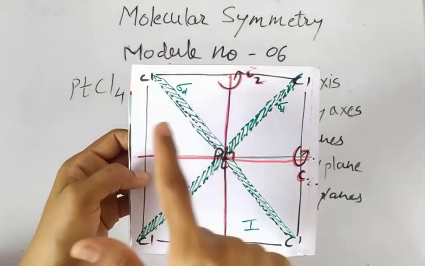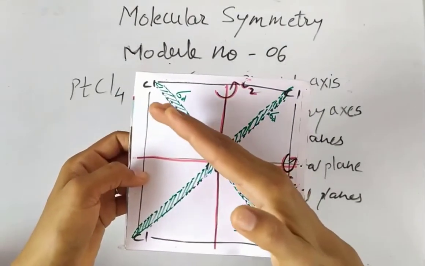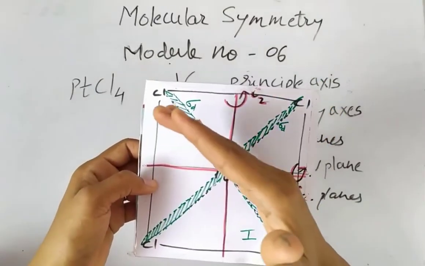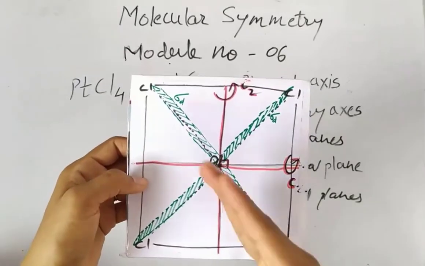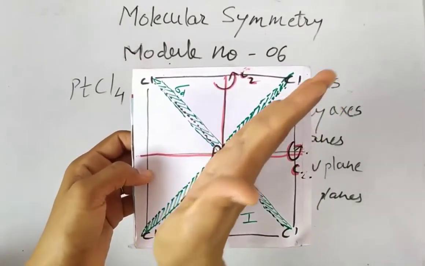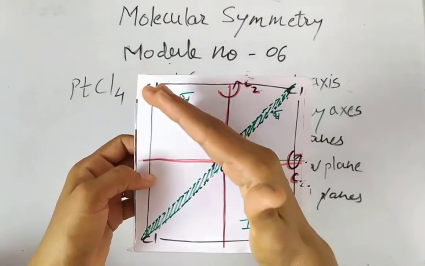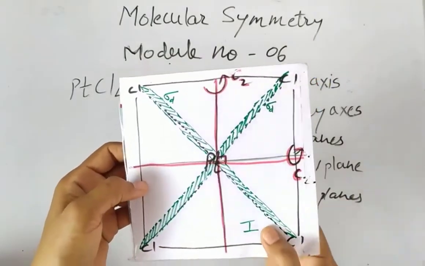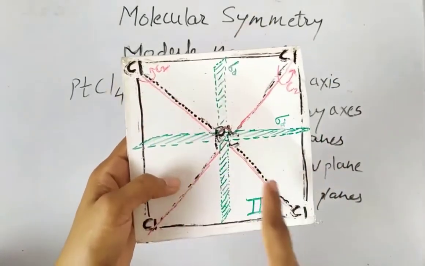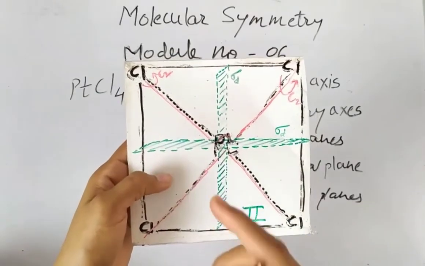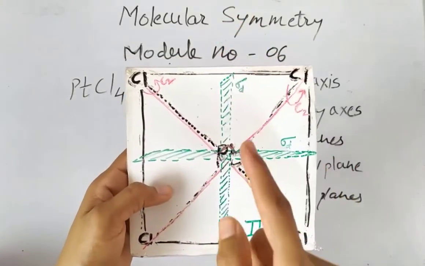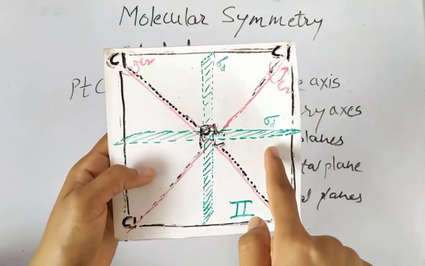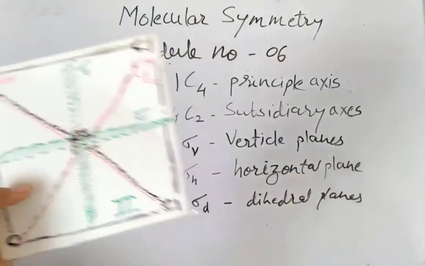Because according to the definition, they are bisecting 2 perpendicular C2 axes. So if you are choosing this axis, then these vertical planes will now be called the dihedral plane. Or if you are choosing this C2 axis, then these vertical planes will now be called the dihedral mirror planes.